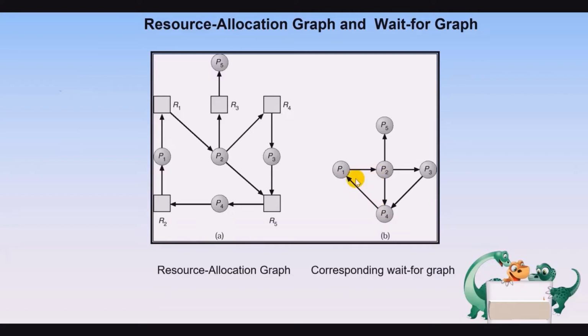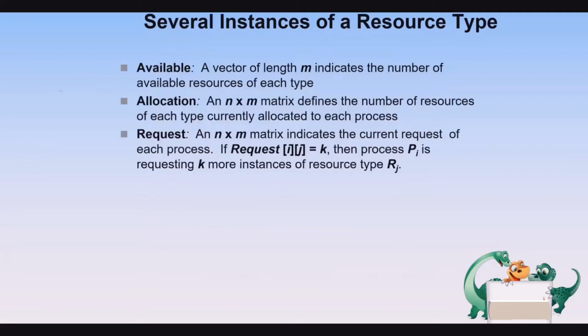So how do you write a program to detect this? Several instances for each resource type: available, allocation, and request. Available is a vector of length m, indicating the number of available resources of each type.